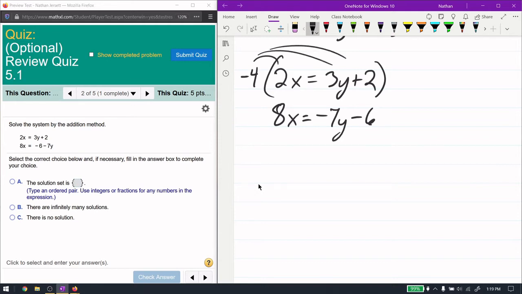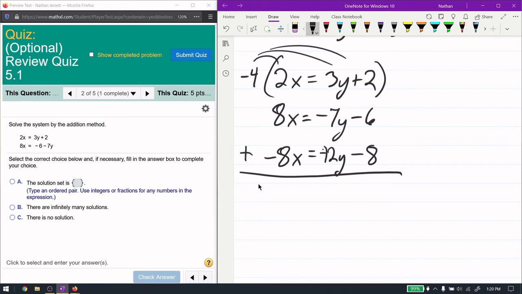Distribute that into everything, and we get negative 8x equals negative 12y minus 8. I just distributed the 4 into there and rewrote the equation down here. Now you see that the x's have the same number but opposite signs in front.